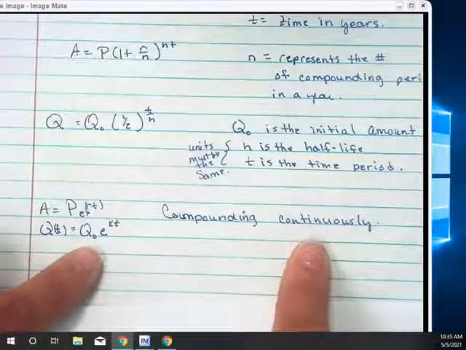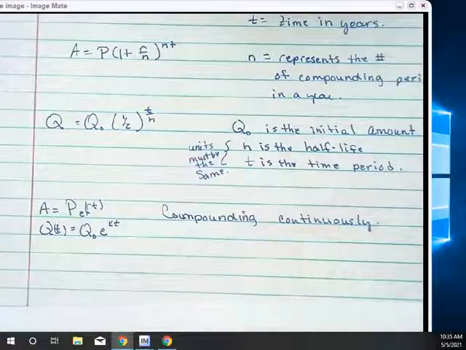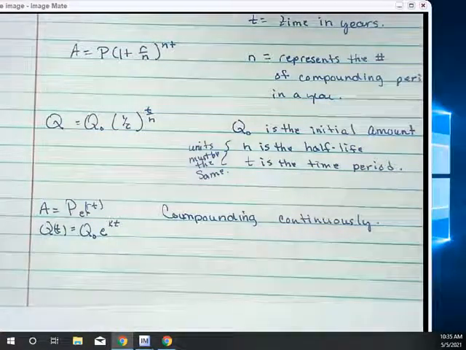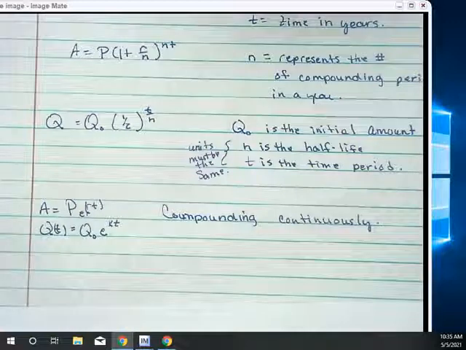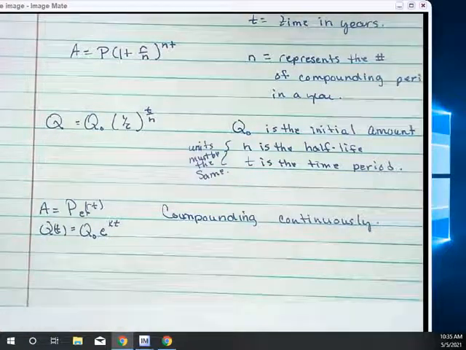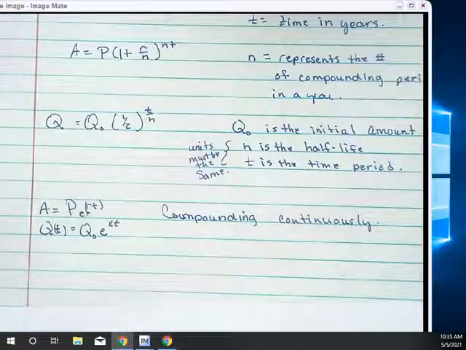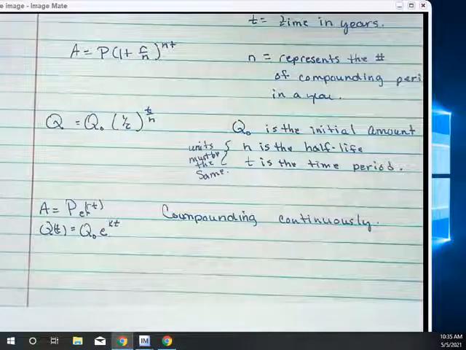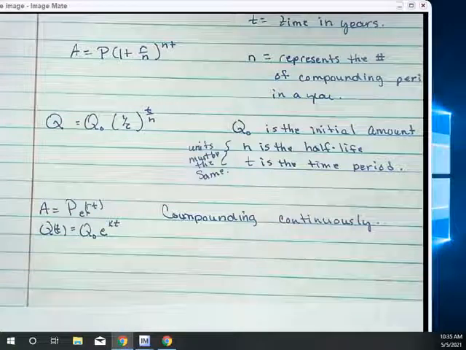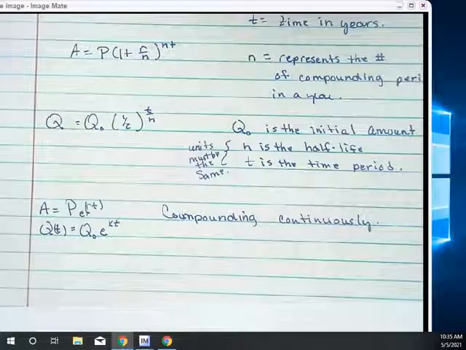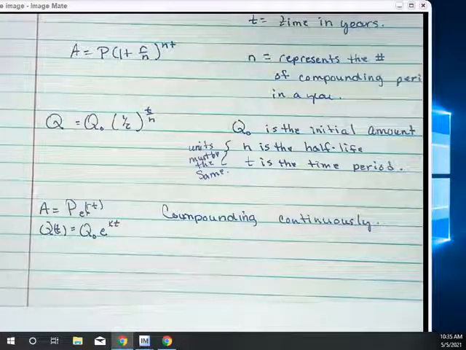And then the same kind of thing when we move to your exponential growth and decay, they switch up your formulas. Q is the initial amount of like your radioactive material, E raised to the KT, and K is going to be the constant that depends on the particular application of your exponential growth or decay.